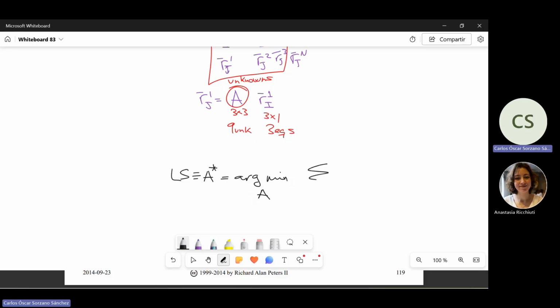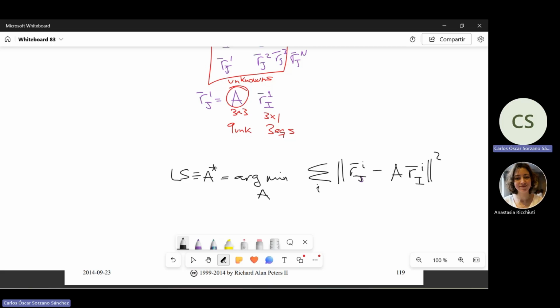So for every color pair, I have RI minus A times RJ, as written here.